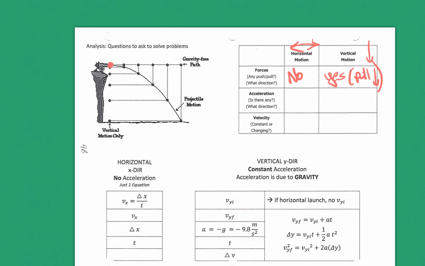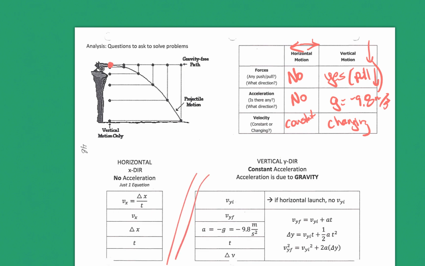Therefore, there is an acceleration. Forces always cause accelerations. Forces don't cause movement. Since horizontal had no force, it has no acceleration. Therefore, if you have no acceleration, you would have a constant Vx, but you would have a always changing velocity in the vertical. And most of us are really good at these tables.